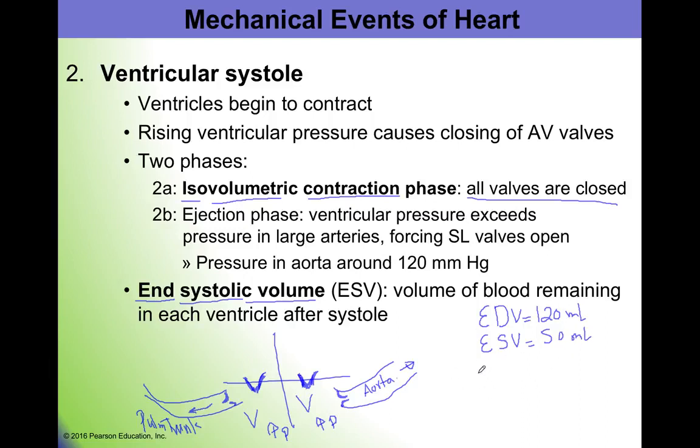So the difference, 120 minus 50, gives you about 70 milliliters of blood, and this 70 milliliters is described as the stroke volume, basically the amount of blood your heart can pump at every given cycle. And again, we'll come back to this later on when we're talking about cardiac output.